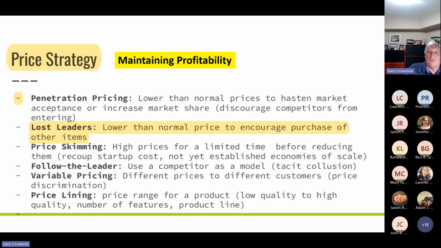You have high prices for a limited time, and because sometimes it's a new product, the early adopters will be out there buying it because it's new, and then you pay for some of your development costs by doing that. Follow the leader is basically watching what's out there and matching your prices. Variable pricing is different prices to different customers, and that's price discrimination, like kids dine for free.